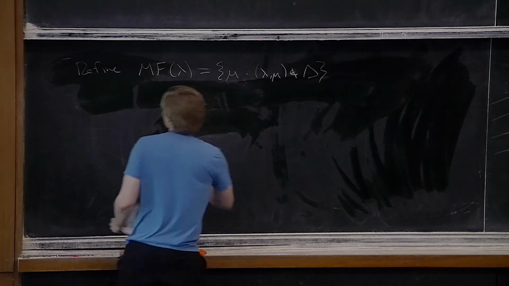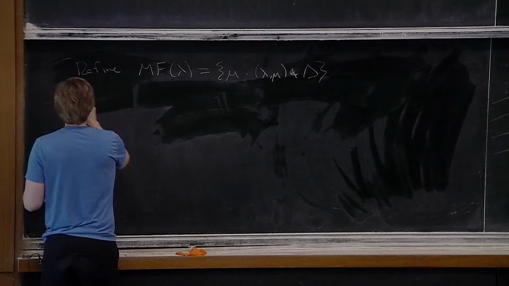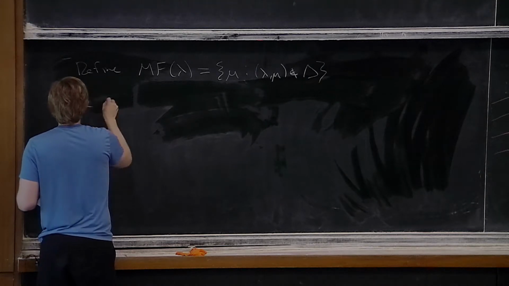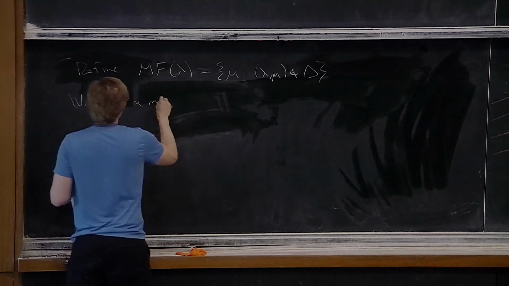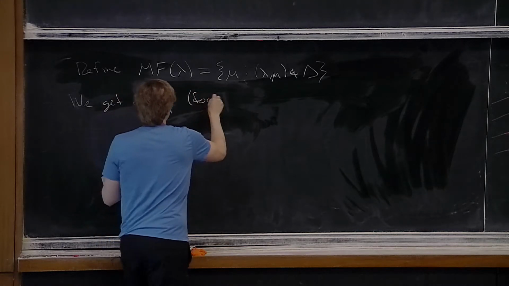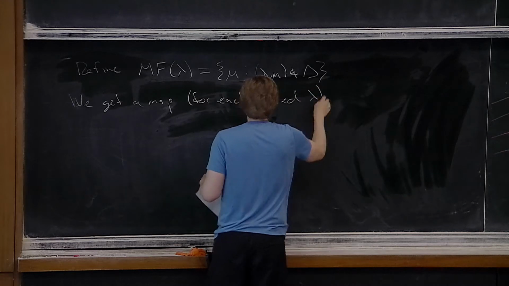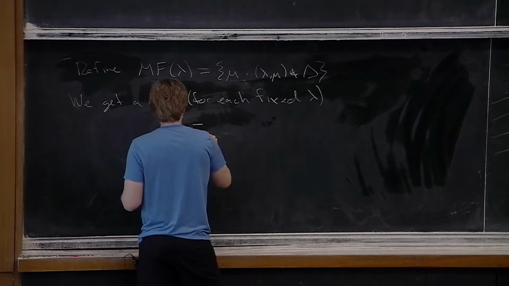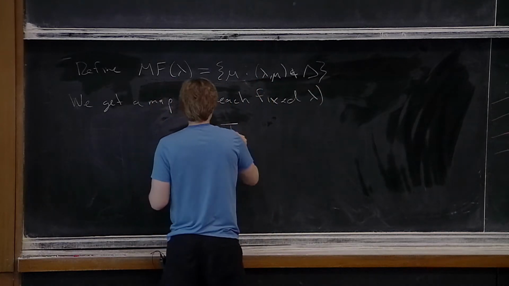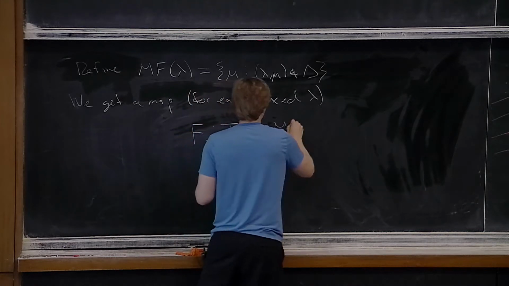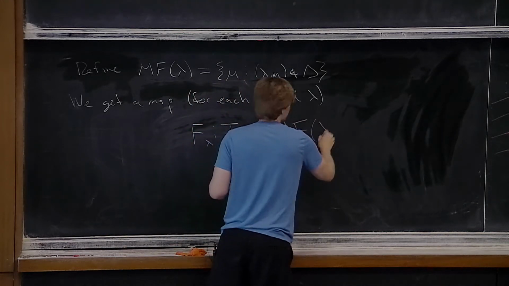Okay. So we get a map, for each fixed lambda, that I'll call f lambda, and it goes from Teichmuller space to MF of lambda.